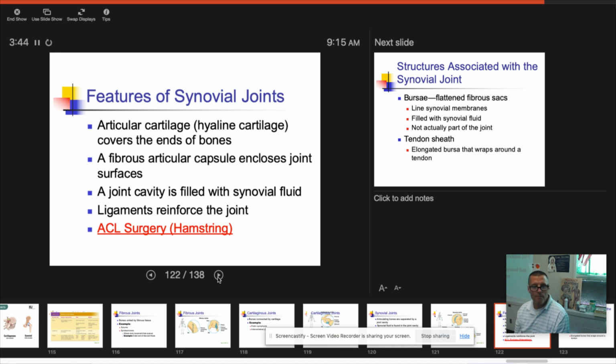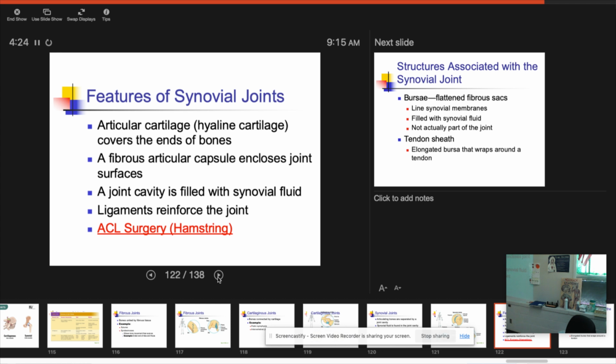And then there's a fibrous articular capsule that encloses the joint surfaces. And that joint then is filled with synovial fluid, as we said. And then ligaments reinforce that joint. So basically we're saying it pulls it into place. Because if we look at the knee of the skeletal model over here, these are just pushed together, right?